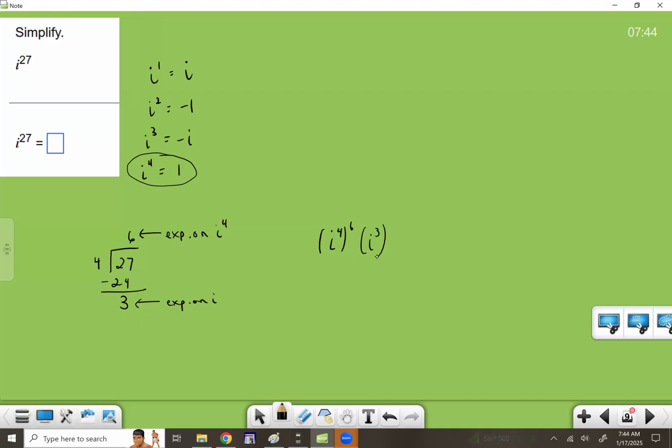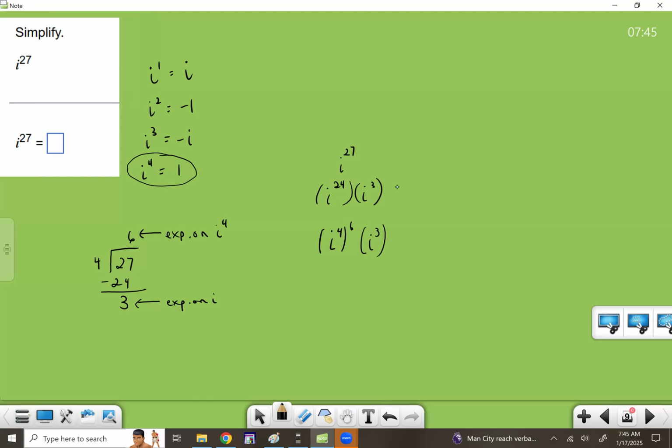Looking at this, here is your 24, so you really have an i to the 24th times another i to the third. And what do you know? That's your i to the 27th. You're basically just breaking up the 27, but trying to use i to the fourth to do it.